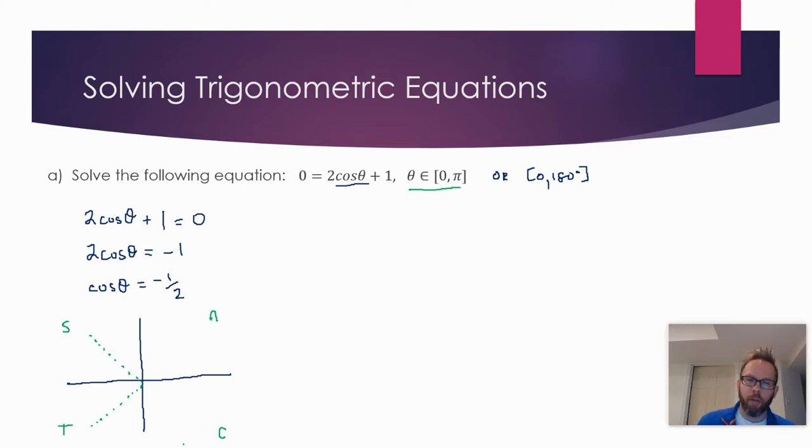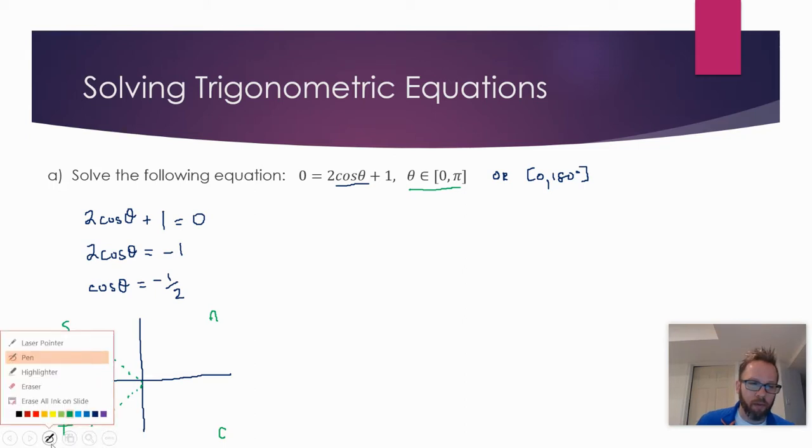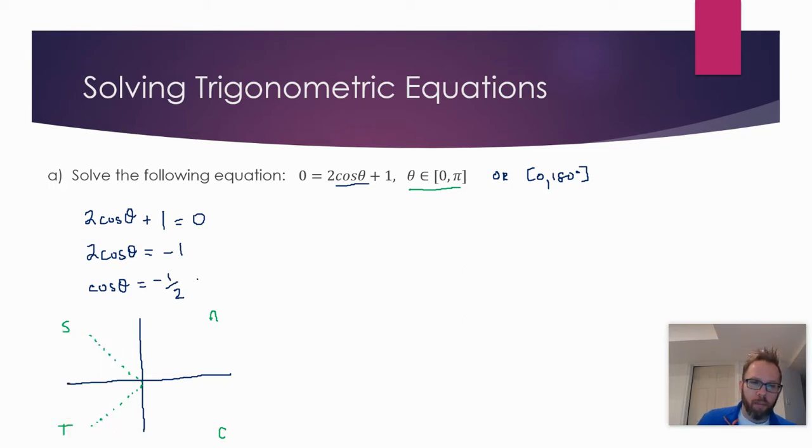A typical starting point with a question like this, now that we've got cosine theta equals -1 over 2, at least for me, is to just use our calculator and see what we get. This one, however, with cosine theta being 1/2, and this might be a good talking point, we can actually get an exact value in terms of radians, because this is one of the angles that corresponds to a special triangle.